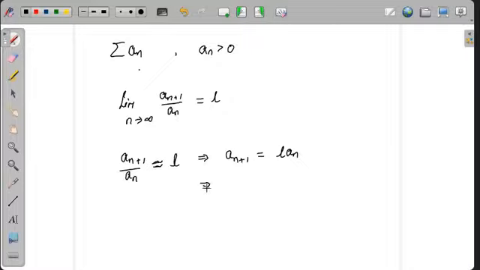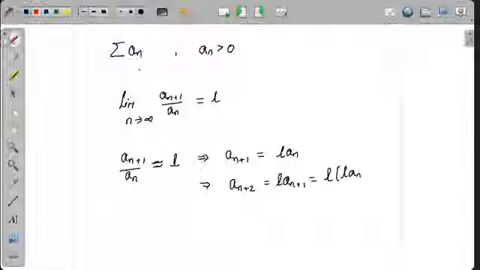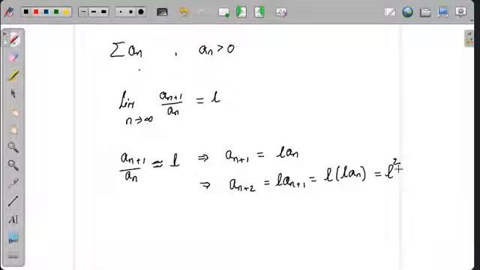Now this implies an plus 2 equals L times an plus 1. But you know what an plus 1 is? An plus 1 is L times an. So finally it becomes L square into an. The next term, an plus 3, can be written as L cube into an, and we can proceed like that.